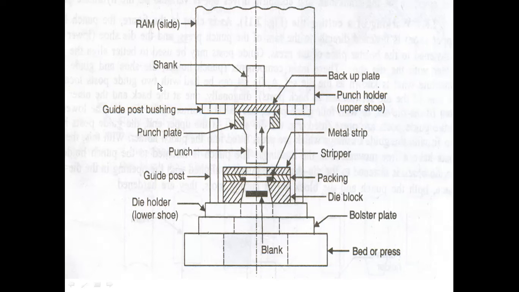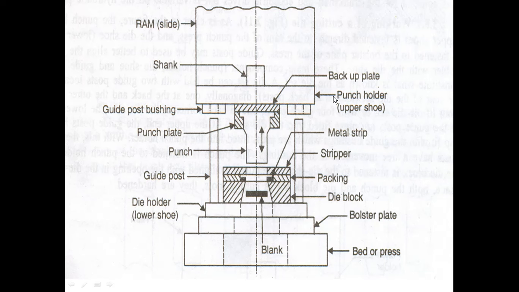Now this is the ram. Ram is the part of the press. It slides, or it reciprocates. The shank of the die holder or die set is fastened to the ram of the slide.